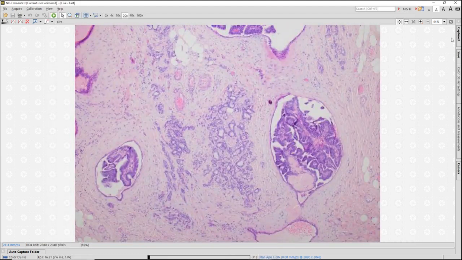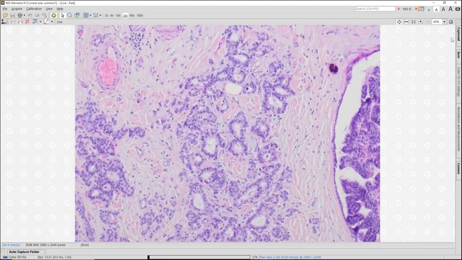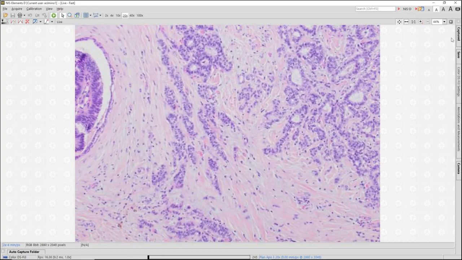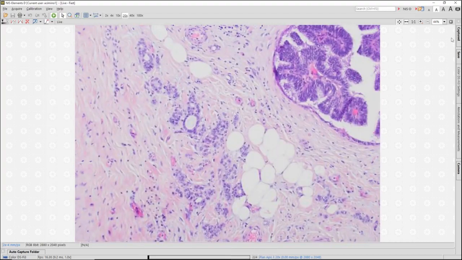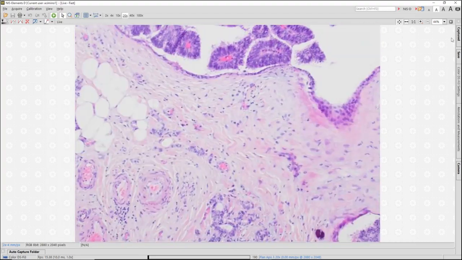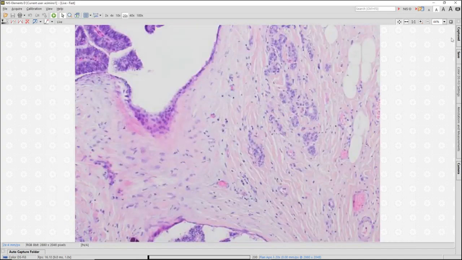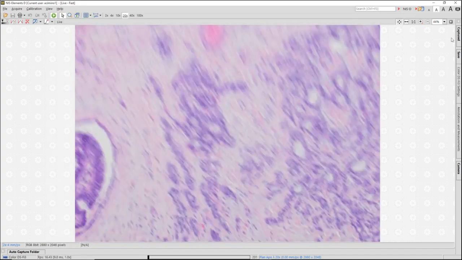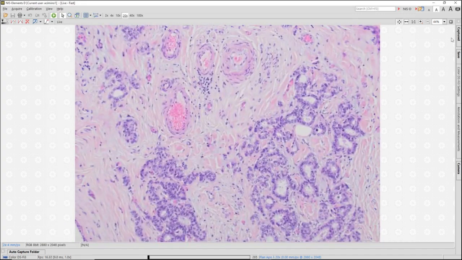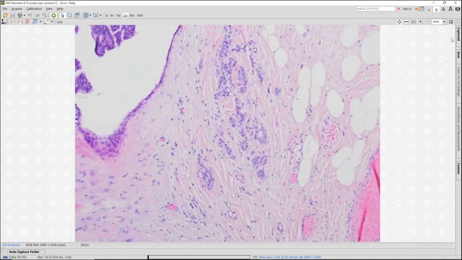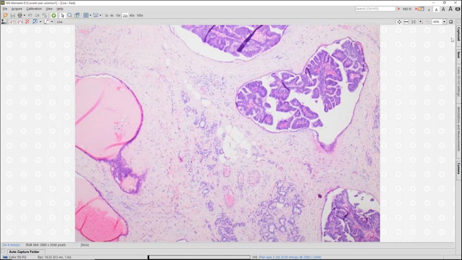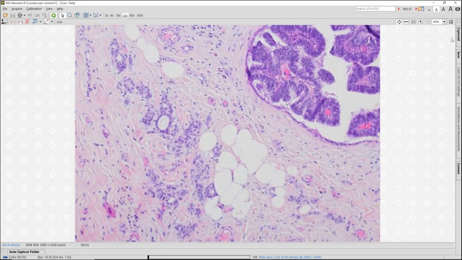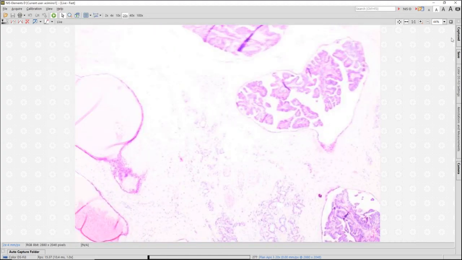But this proliferation here has irregular glands, lacks myoepithelial cells, which we can confirm, irregularly infiltrates into the fat, and does not appear to be within a linear row of needle tract changes. Notice there are no biopsy site changes associated with this. It also does not appear to be confined to a capsule at the periphery of a papillary lesion.